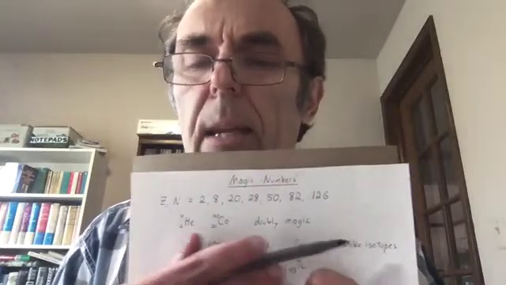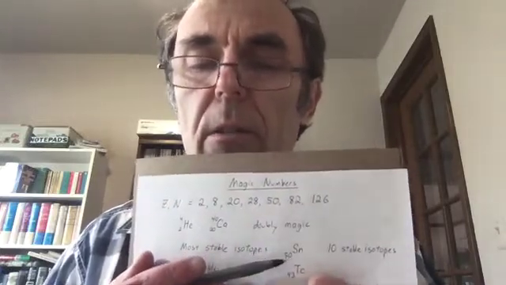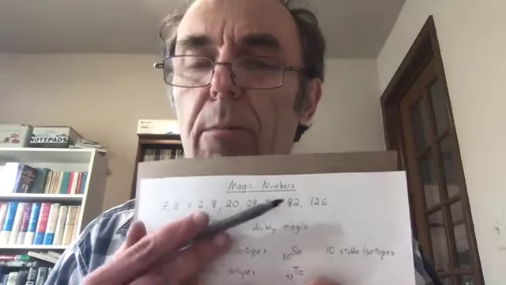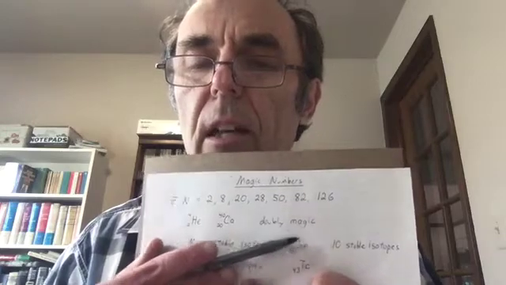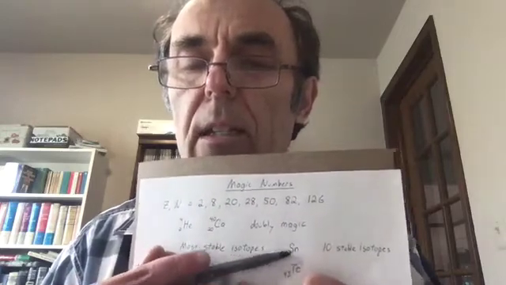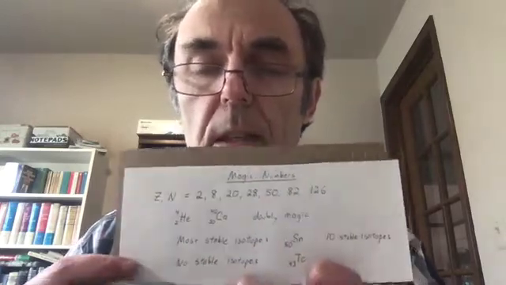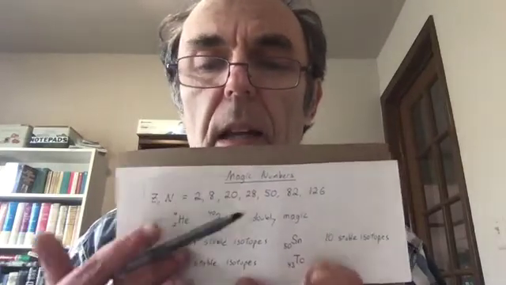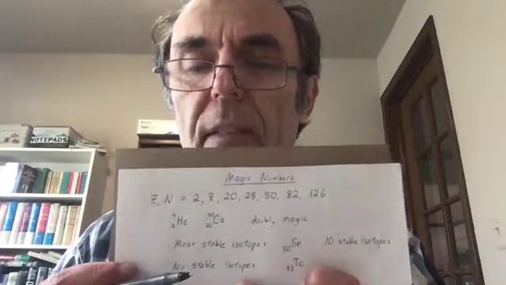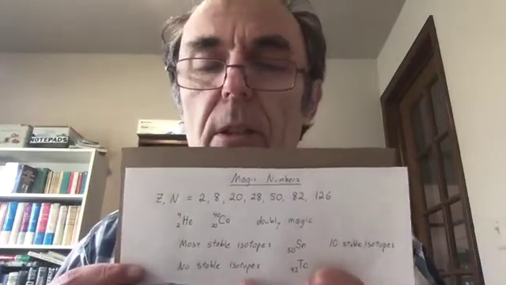It has 10 stable isotopes. And it's not too surprising because the number of protons is a magic number. So it's partially stable because of the magic number. But 10 stable isotopes is rare. You don't usually have that many, but you can have quite a few stable isotopes.